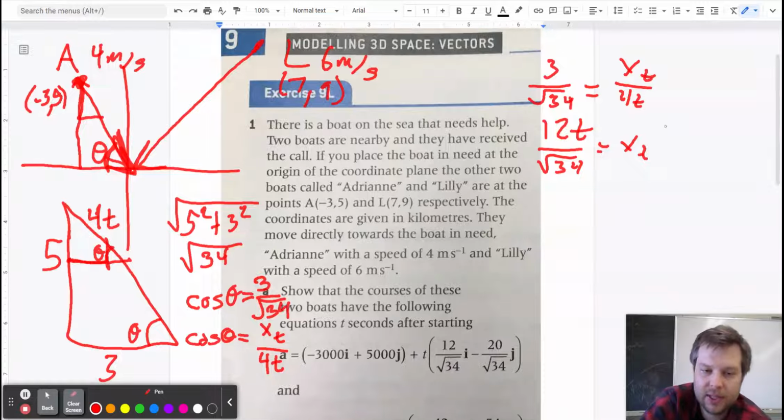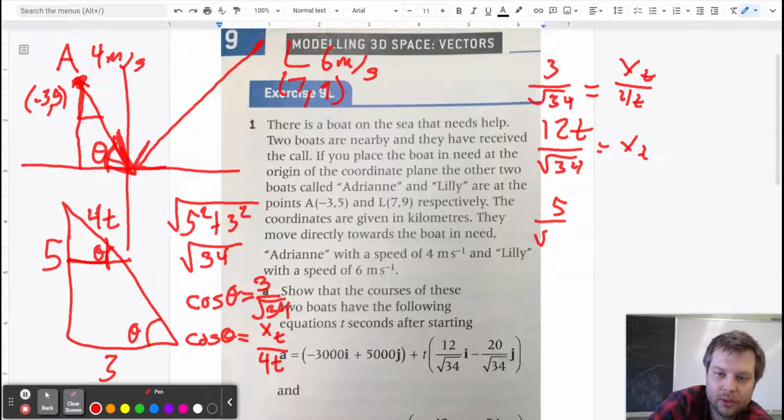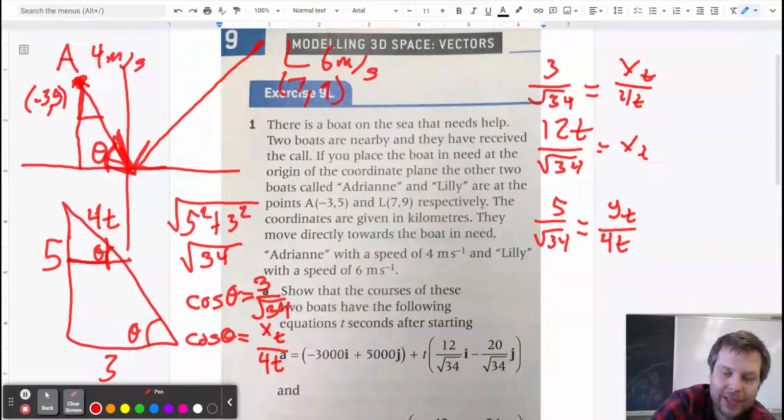Similarly, using sine instead of cosine, we would end up with 5 over root 34 equals y of t over 4t. The only difference here is that Adrian is moving down and to the right, so one of our things should be negative here.